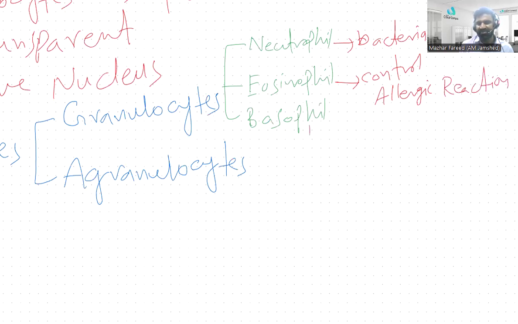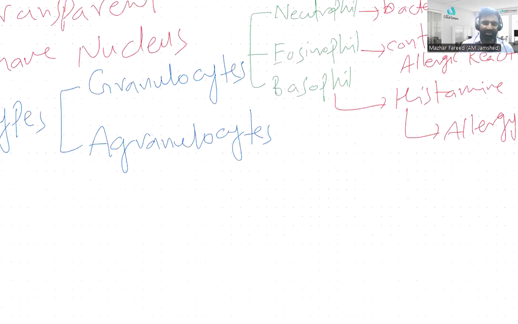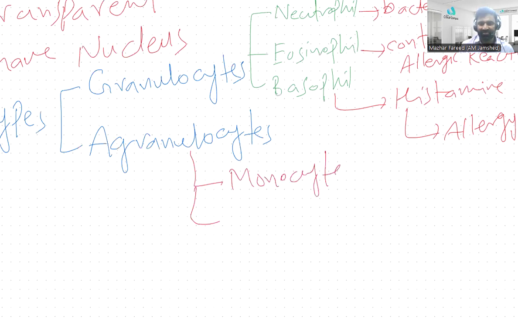Histamine is an allergy-causing agent. So agranulocytes are without any grains. There are two types of agranulocytes. One is the monocyte and second are lymphocytes.